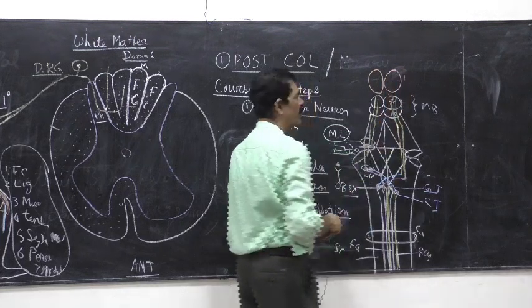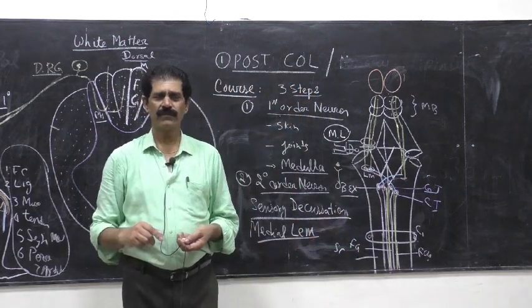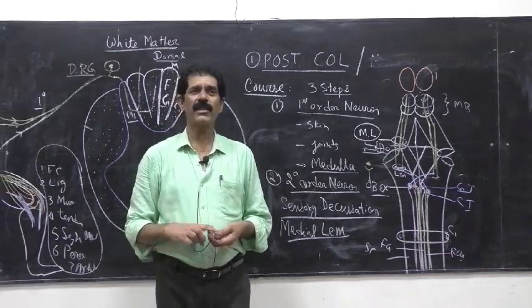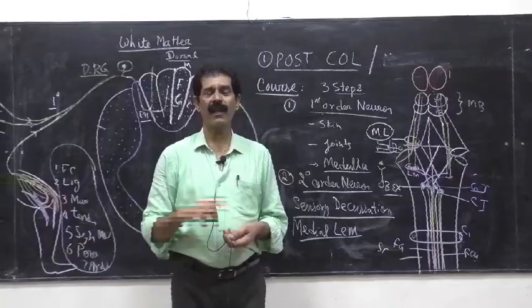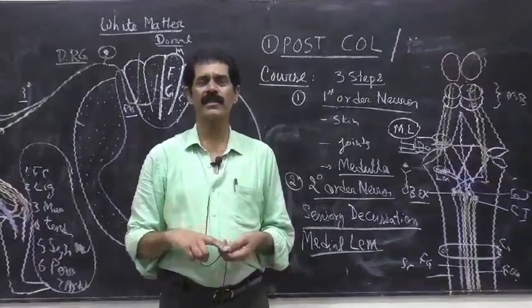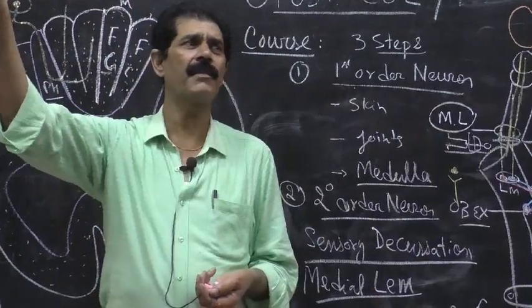So thalamus, as we know, the other name of thalamus is sensory relay station. All types of sensation have to reach the thalamus, except smell. All general as well as special senses have to reach the thalamus, then they go to the conscious level of the brain or the cerebrum.